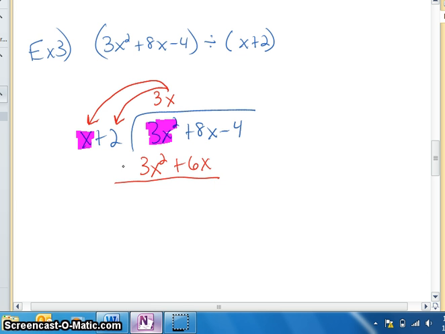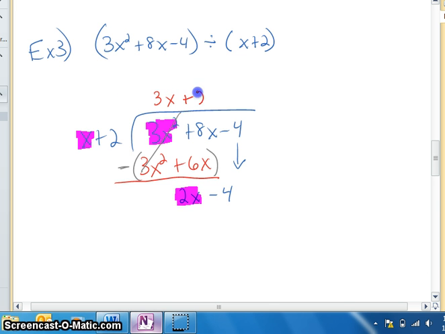Now I've got to subtract these things. So this is gone. And then I have 8x minus 6x. So that's 2x. Bring down the 4. So now I'm looking at x and 2x. So what do I multiply by x to get 2x?